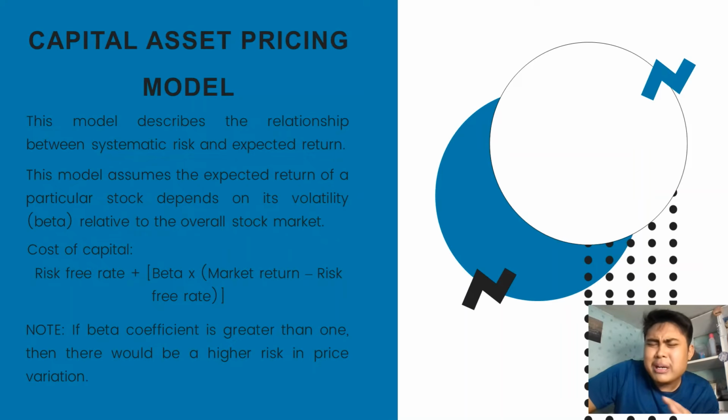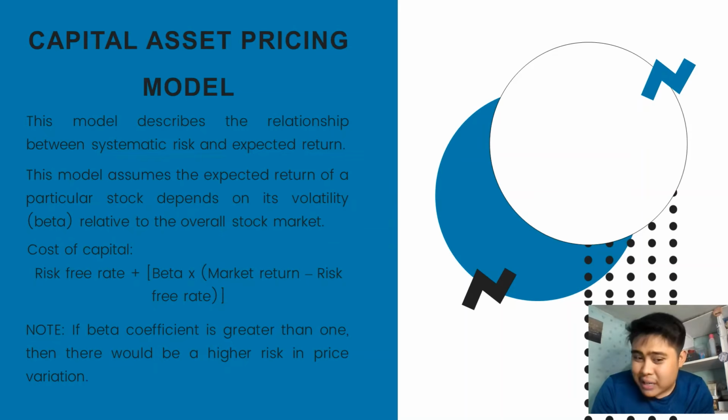Kapag gano'n ang senaryo, sa mga problem na nakita ko, minsan yung isang model kulang. Anong ibig mong sabihin, sir, na yung isang model kulang? For example, magbibigay ang problem ng market return, magbibigay ng risk-free rate, magbibigay ng D1, magbibigay ng price, ng flotation cost, saka growth rate. So kung titignan mo, hindi mo pwedeng gamitin ang capital asset pricing model kasi walang binigay na beta.